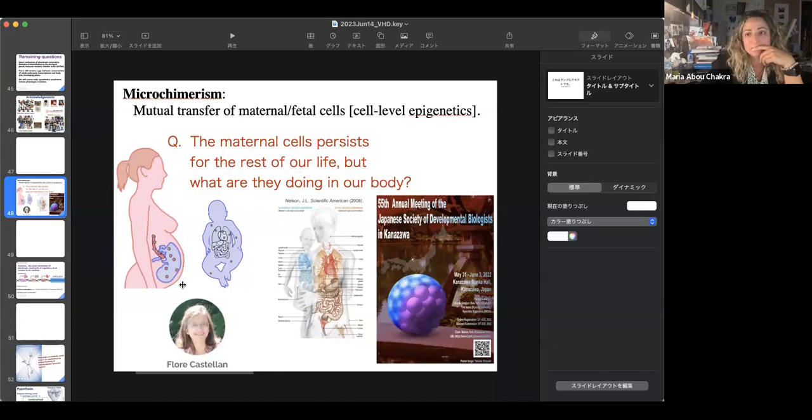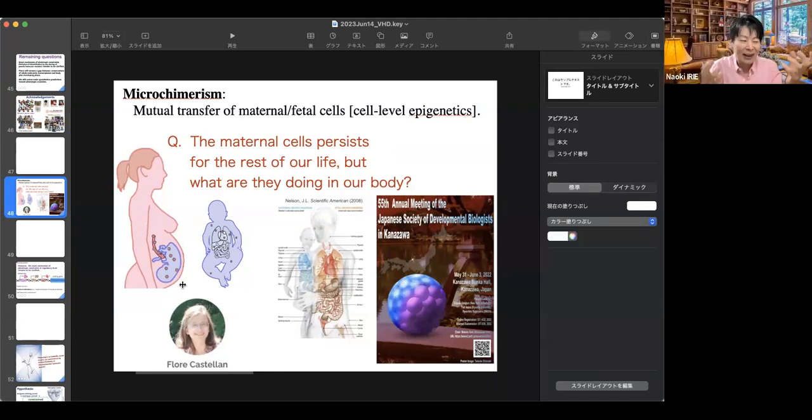So we somehow acquire maternal cells from breast milk, and they actually reside in our body and get stabilized. And in some niches, they probably propagate and remain for the rest of our life.